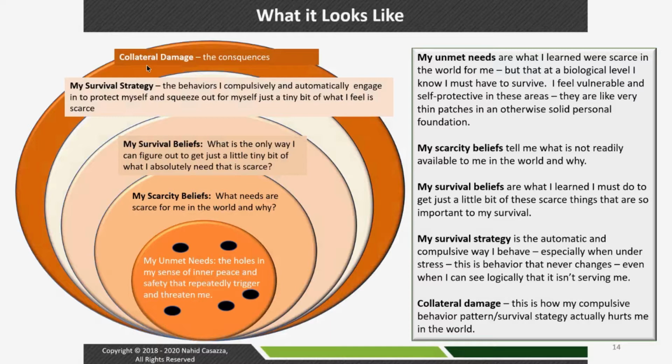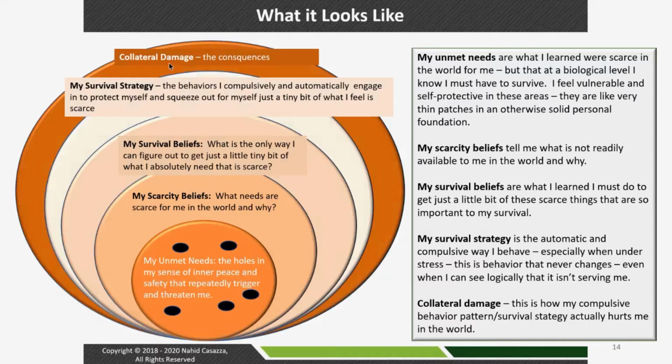If we take the achiever, their scarcity survival belief says that they need to achieve, so they can never stop achieving things, and they're never satisfied with their accomplishments. So they have to achieve more, and then they're still not satisfied, and they have to achieve more.